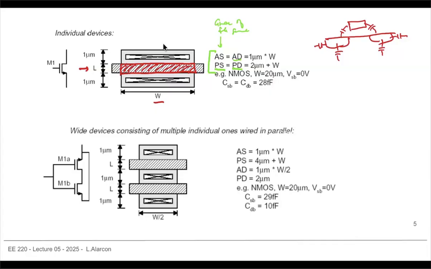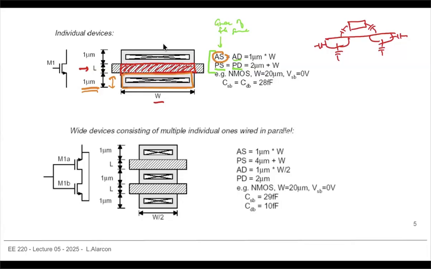So we're given the area of the source, and that just means, what is this area? If you're just given the width and length, this is unknown, because you need to figure out how far the source extends from the gate.